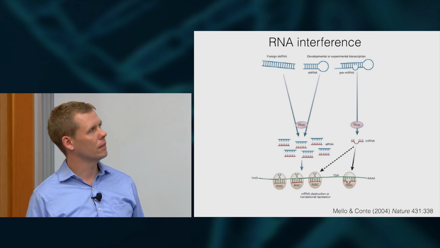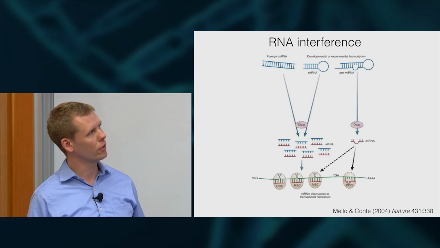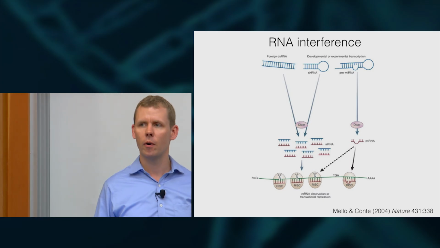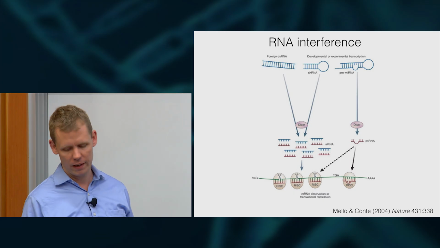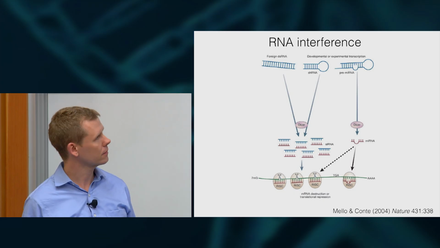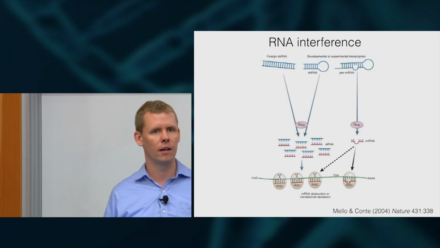Because this is such a limited amount of complementarity that is needed for translational repression, it's actually almost impossible to design specific reagents that would not have off-target effects on other genes in the genome. It's very hard to predict them as well because it's such a degenerate specificity.